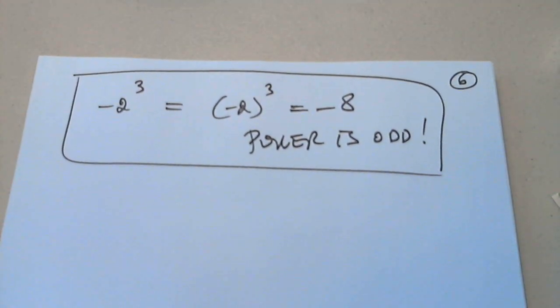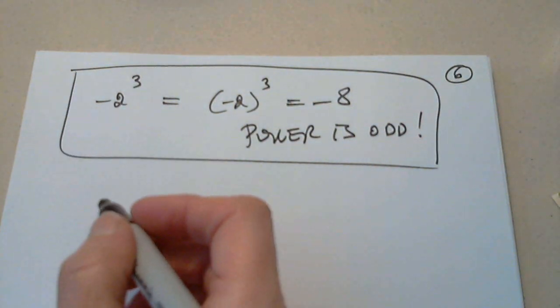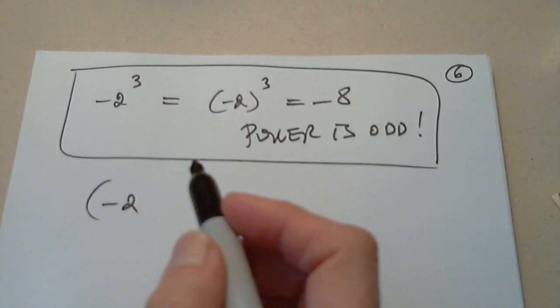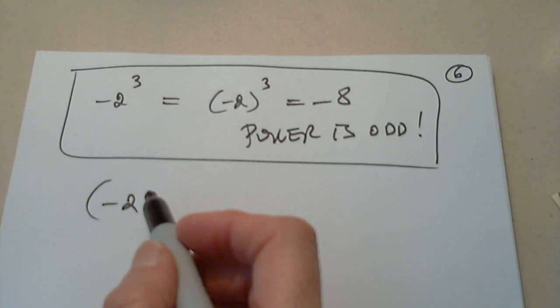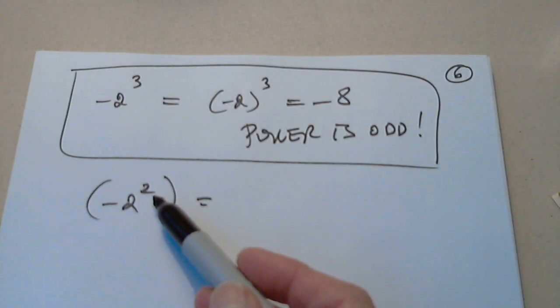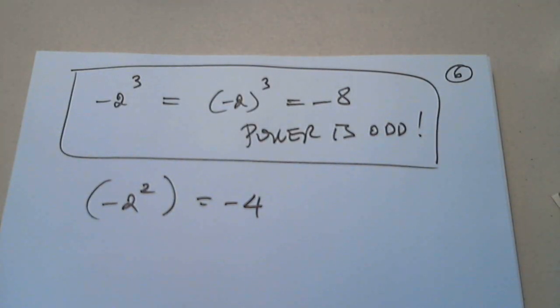So you have to give me an example so I understand exactly what you mean. Maybe parentheses, opening parentheses, -2, and then squared, and then closing parentheses. Yeah, so this is 2 squared, which is 4, times -1, which is -4. So it's the same rule as the one without the parentheses.